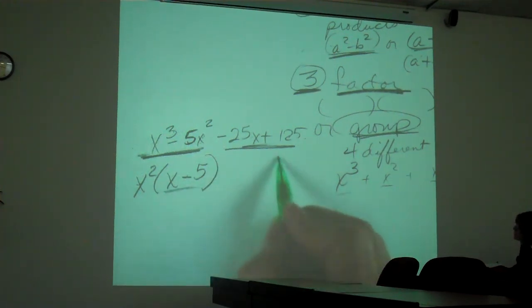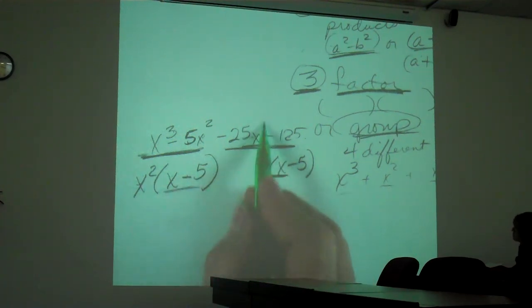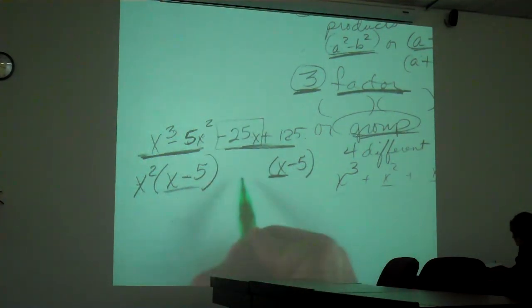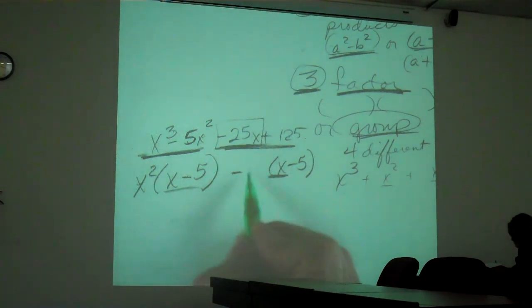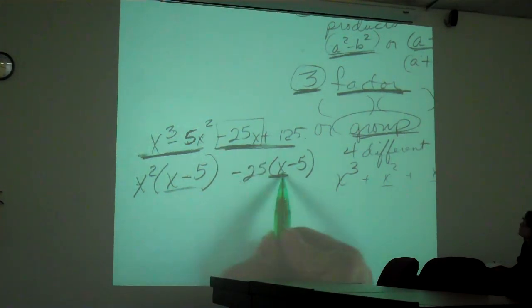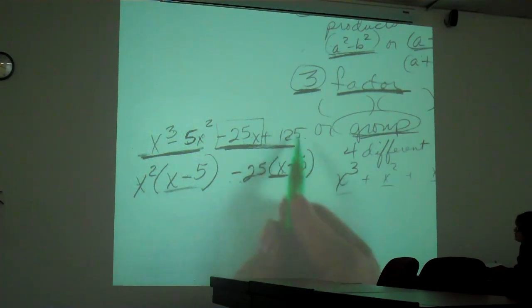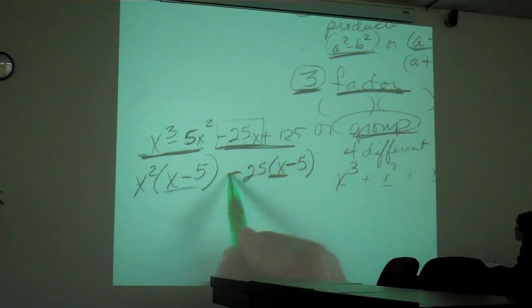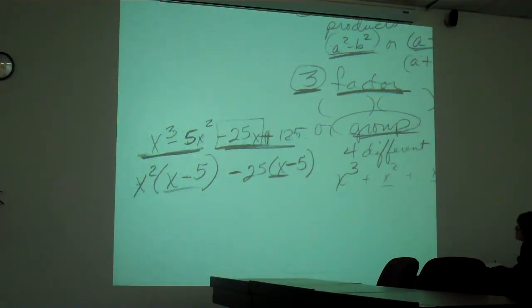Okay, let's put this x minus 5 over here. What do we need to get this term here? Minus 25x, and then 25 times 5, 125, which is positive. So grouping is going to work here.